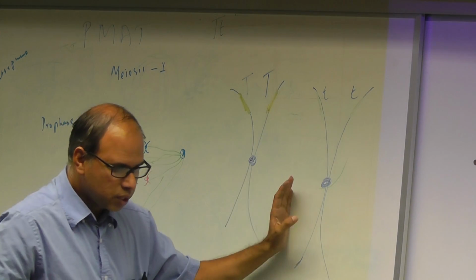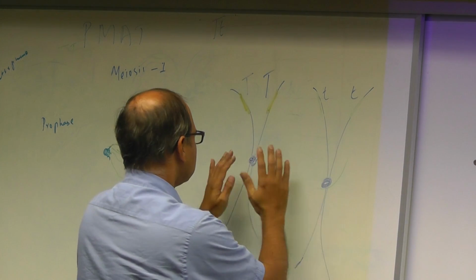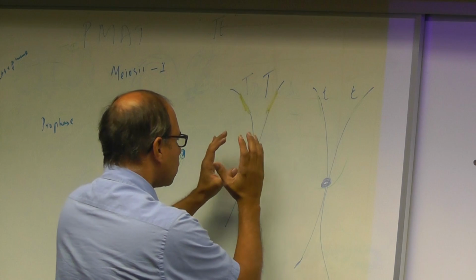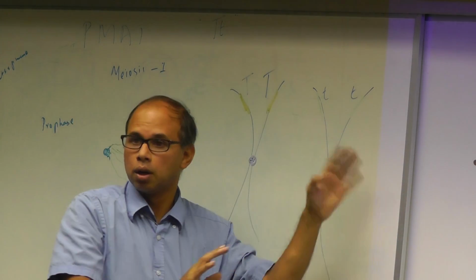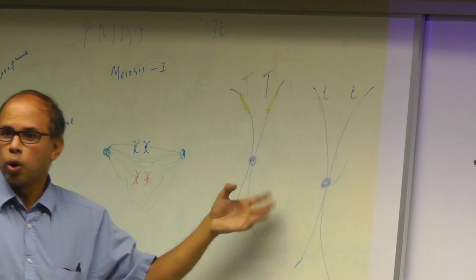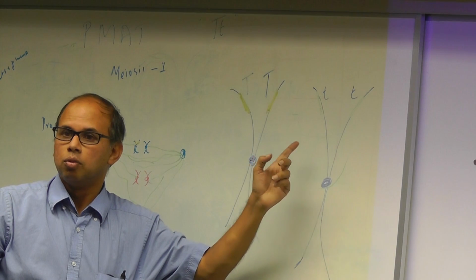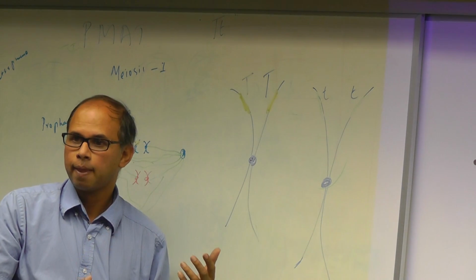But what this tells you is that sometimes one gamete can get one version and the other gamete can get another version. And there is no guarantee that this would be an identical form of what was originally there because of the recombination.